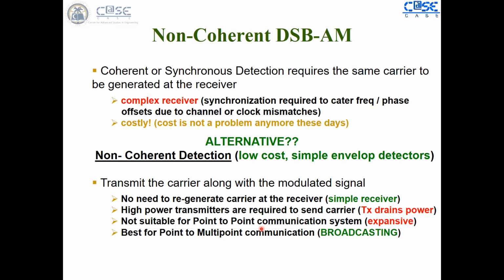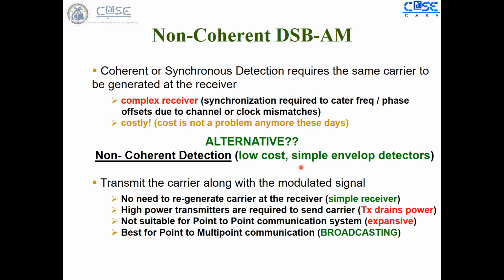So therefore, it is only used for point to multi-point communication. That is, we can afford only one high power transmitter, such as in broadcasting applications. We may have one very high power transmitter that broadcasts the messages to all the receivers, and all those receivers are low cost simple envelope detectors.